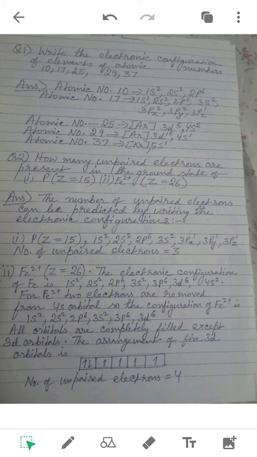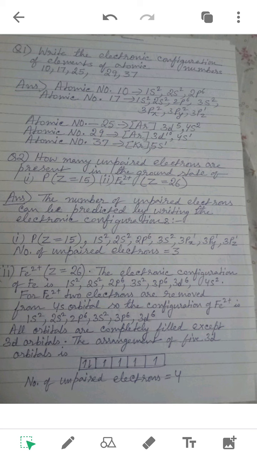Now atomic number 29, the same way. First the electronic configuration of argon and then 3d10 4s1. Here you can find a little difference. Although the electrons go into the 4s orbital before going to 3d, here 3d10 is written and 4s1 is written.